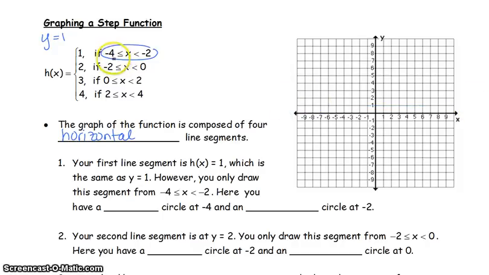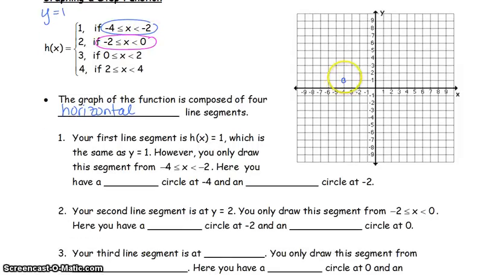We want it starting at -4, and because it says less than or equal to, we have a closed circle. So we want the horizontal line at 1 everywhere from -4 to -2. We have a closed circle at -4 and an open circle at -2. And remember, those are determined by your boundaries.